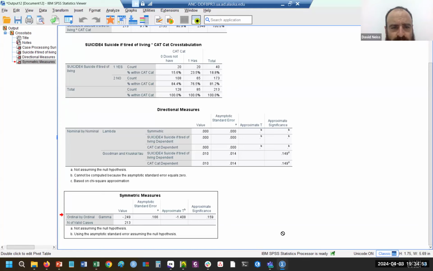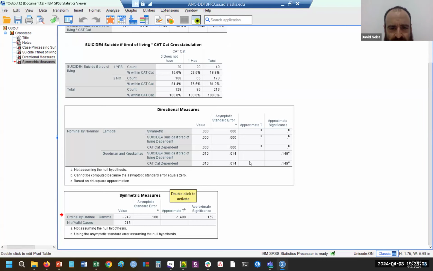In that directional measures chart though, when it says cat dependent, this is something that was really confusing me on my printouts. It seems like it's not actually cross tabbing, it's like parallel tabbing, or whatever the opposite of cross would be.